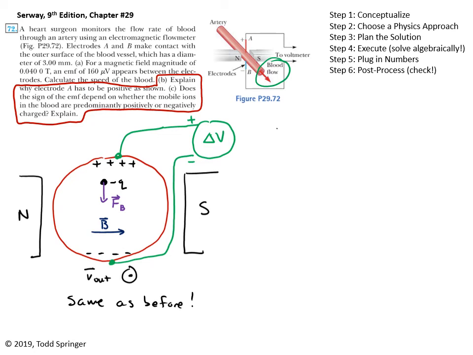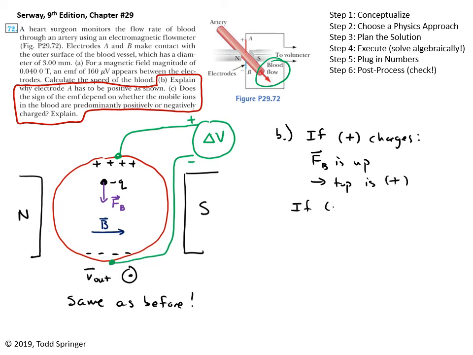So we can answer parts B and C kind of simply. Explain why electrode A has to be positive as shown: if there's positive charges, FB is up, and so the top builds up positive.